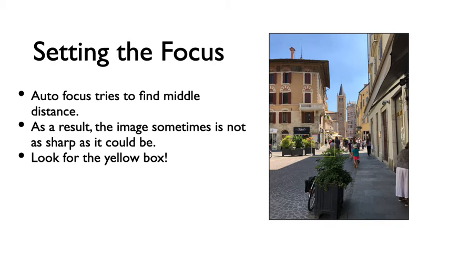So when you open your camera app and you have it pointed at a particular setting or person, look for the yellow box. In the image to the right, do you see the yellow box? It's pretty light. It's not a bright yellow, but it's there. And you will notice that it's right smack dab in the middle of the image.